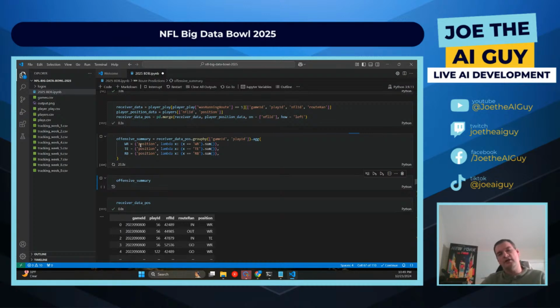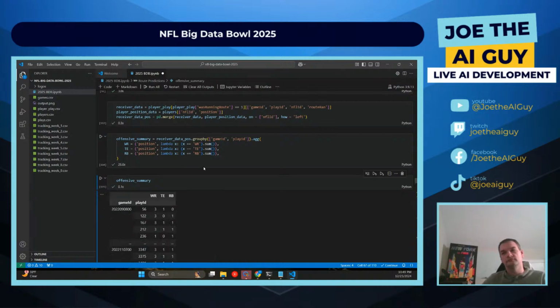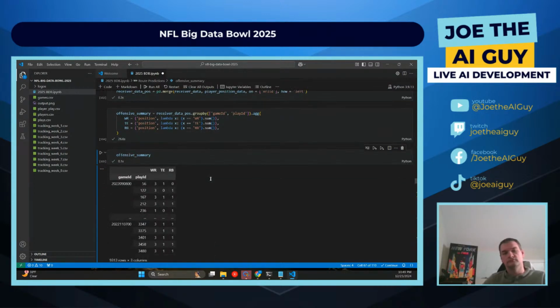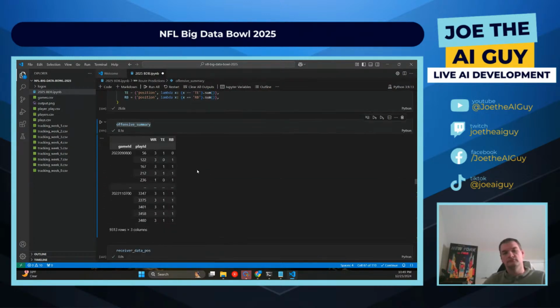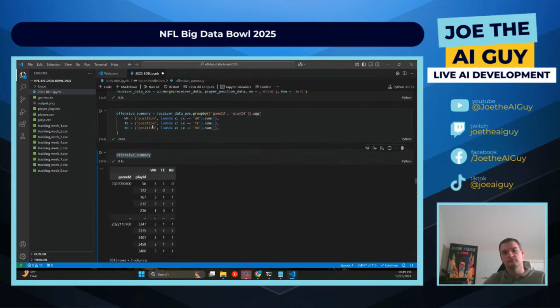It's going to group on these, and that's going to try and aggregate each one. And I want to reset the index. It takes 30 seconds to figure it out.